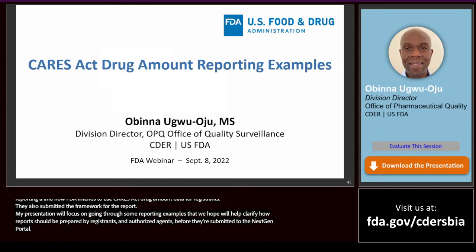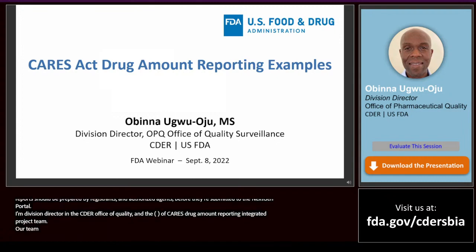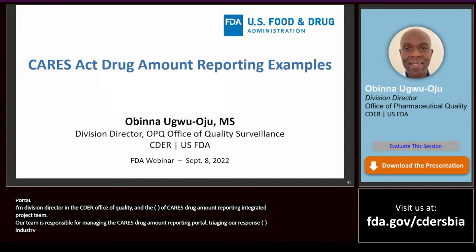I'm a division director in CDER Office of Pharmaceutical Quality and the product owner of CARES Drug Amount Reporting Integrated Project Team. Our team is responsible for managing the CARES Drug Amount Reporting Portal, triaging and responding to questions from the industry on the CARES Drug Amount Reporting Draft Guidance.